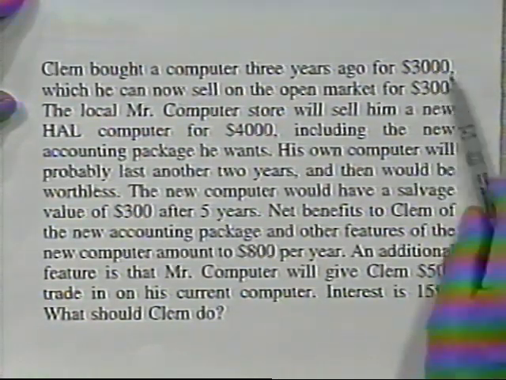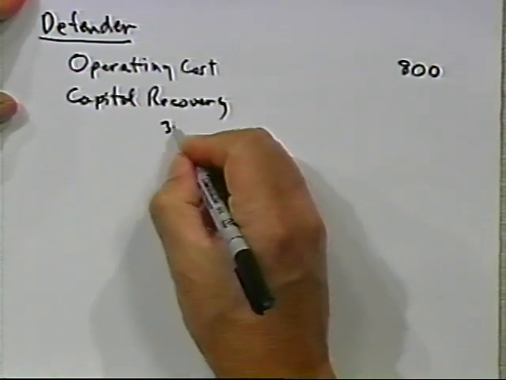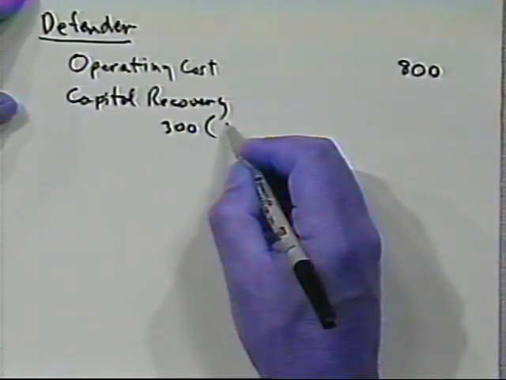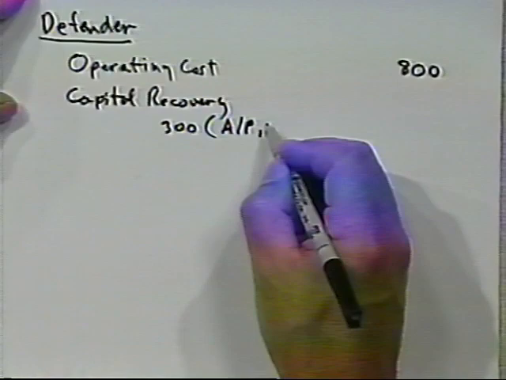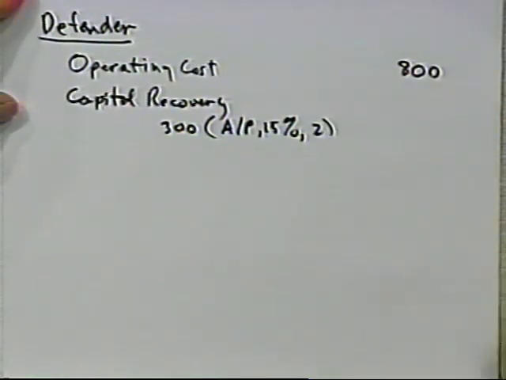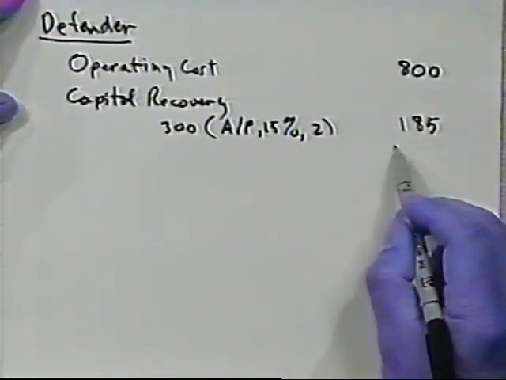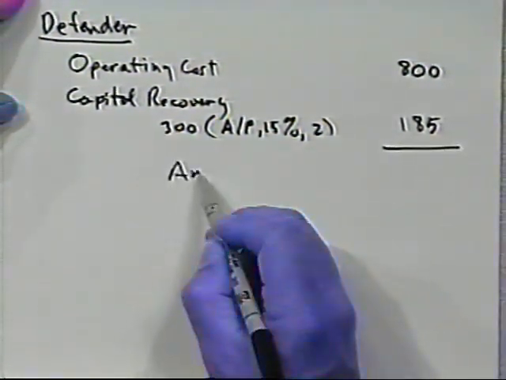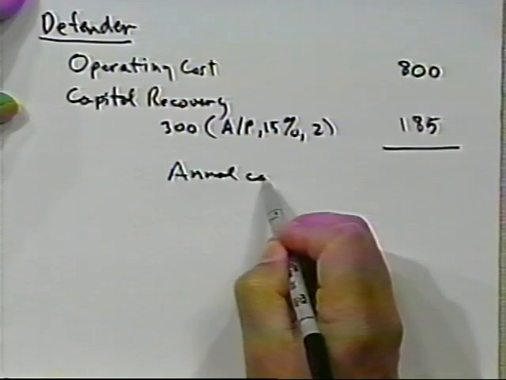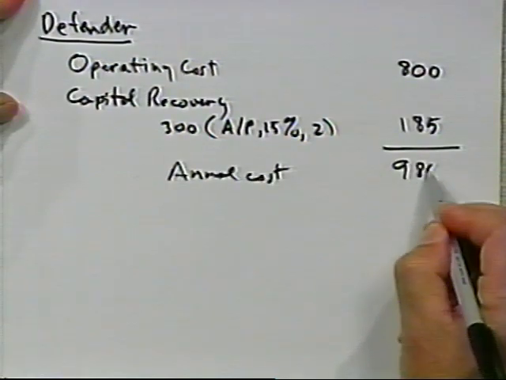The best measure for the worth is the $300. So we'll use the $300 figure in the capital recovery. So it's $300 times the capital recovery formula at 15% over the 2-year life of the old computer, and that works out to be $185. For a total annual cost of the old computer of $985 per year.